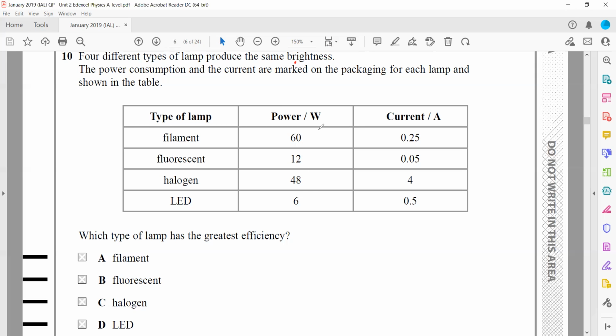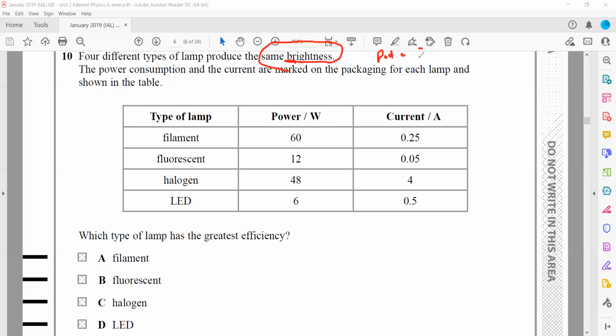They all give the same output, so you can consider any fixed value as an output. As they mentioned that the brightness is the same, it means the power output is the same.